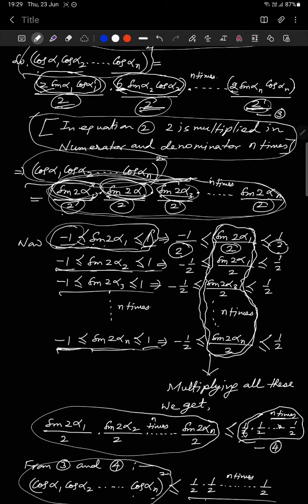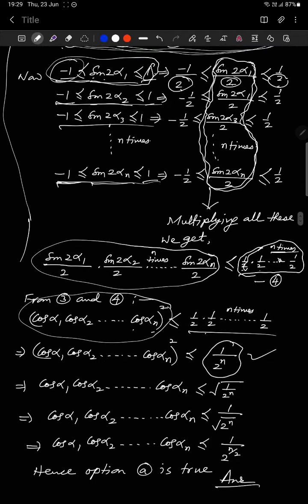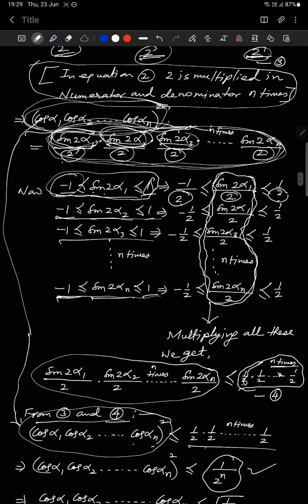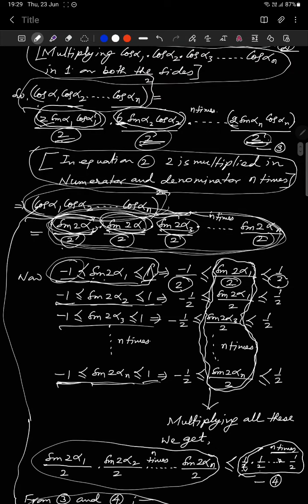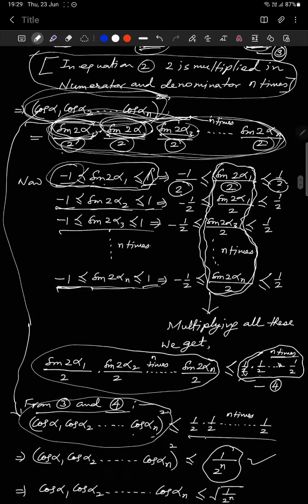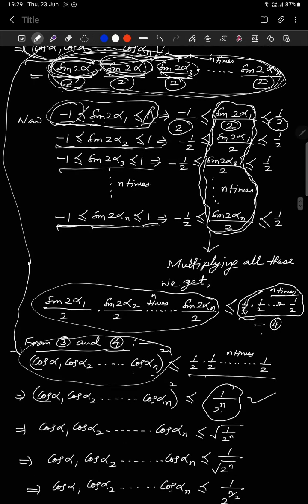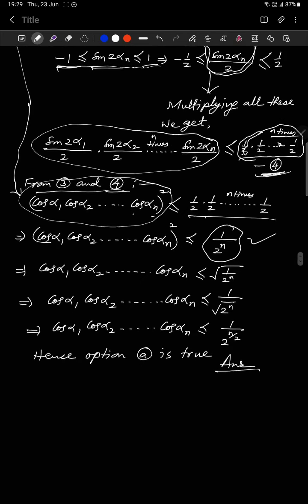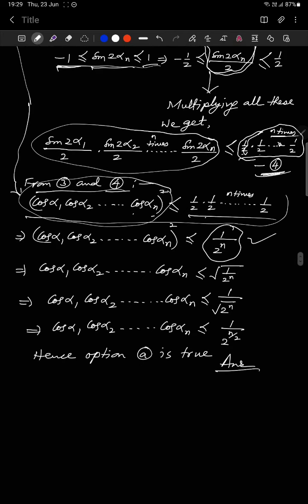So because of that, in place of this, we have written cos alpha 1, cos alpha 2, dot dot dot cos alpha n whole square, which is what we are getting in this particular step. I have written here from 3 and 4. You can see equation number 3, and this one is taken as equation number 4. From 3 and 4, we are getting this step. I hope it is clear.